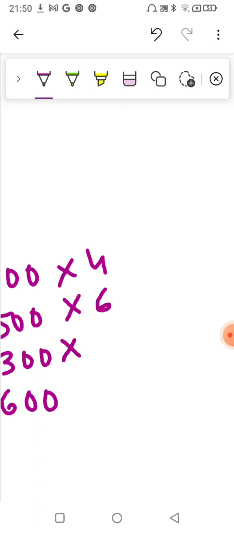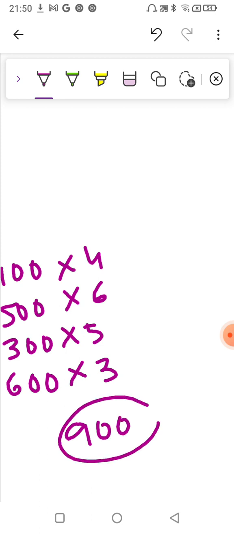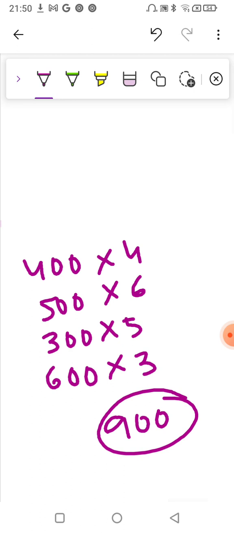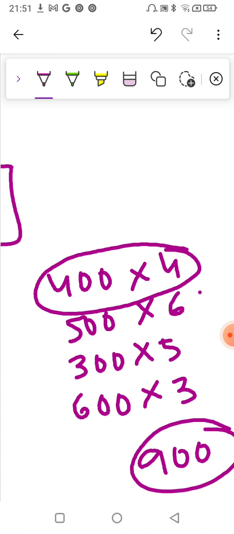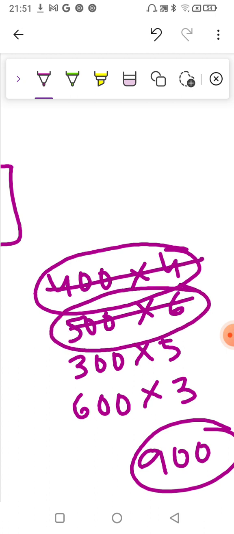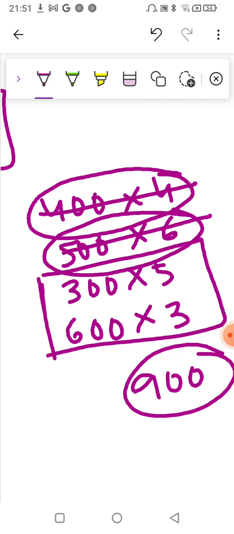In this case, if 900 units of goods are issued, then these 900 will be issued first from the first purchase that I made for 4 rupees, and the next 500 from the next lot. So these will get cancelled out, and what will remain with me will be 300 units at 5 rupees and 600 units at 3 rupees. This will be my closing inventory.